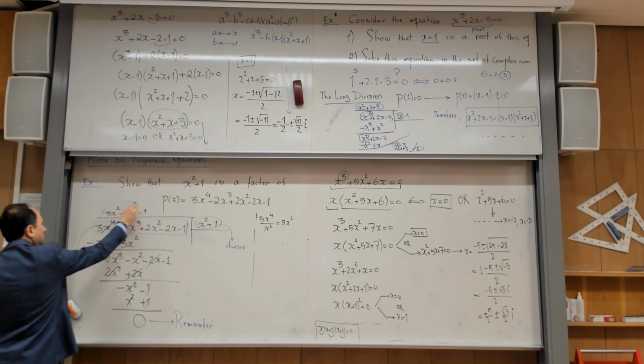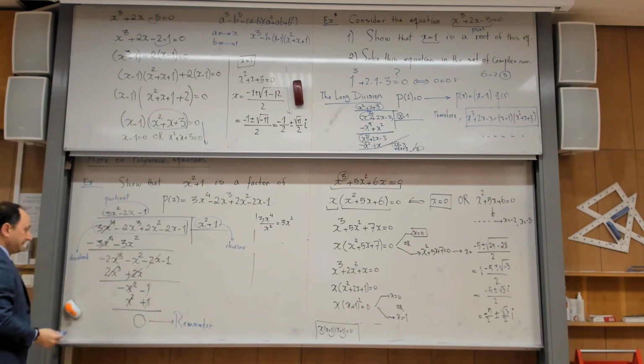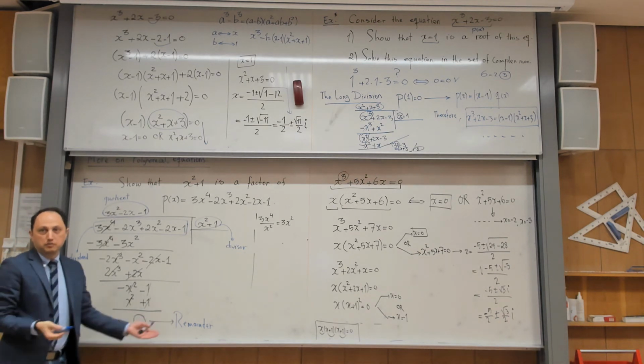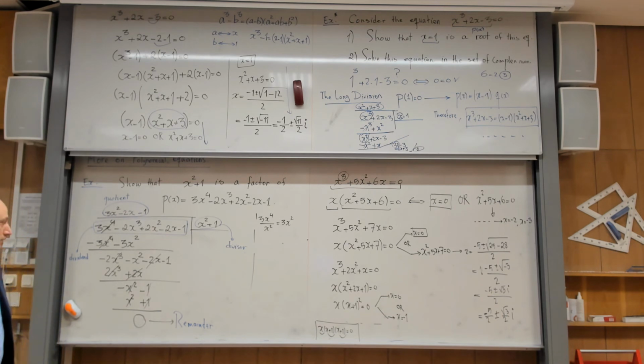And then finally this one is called the quotient. So these are the words that we use. There is no guarantee that the remainder is always 0. The remainder is 0 if the polynomial is divisible by that polynomial. Otherwise, it is not. Yes?